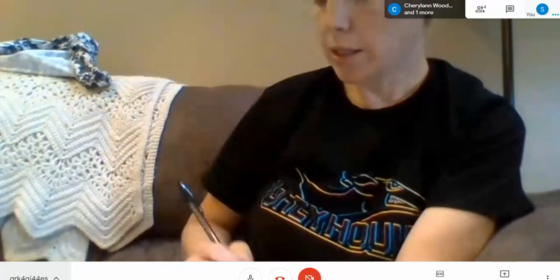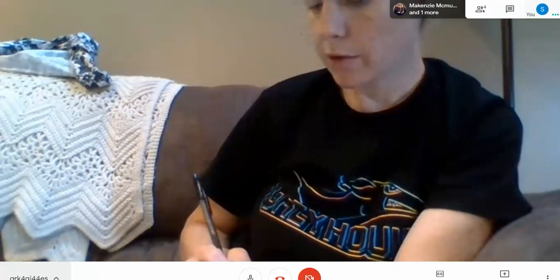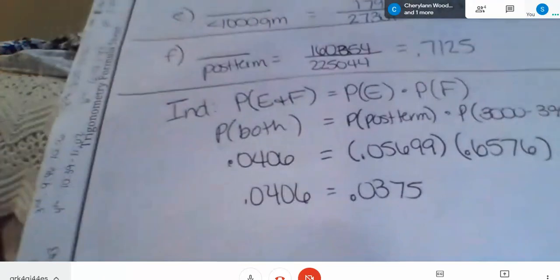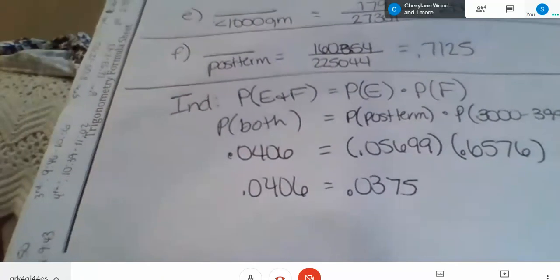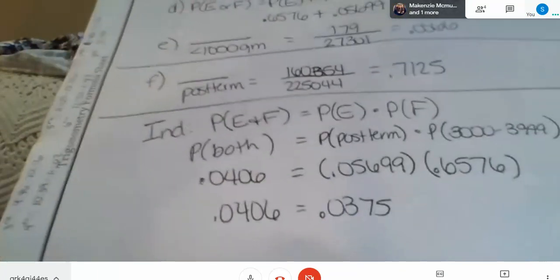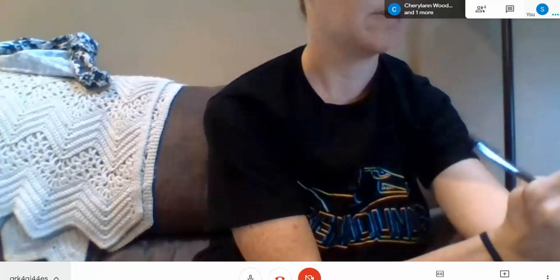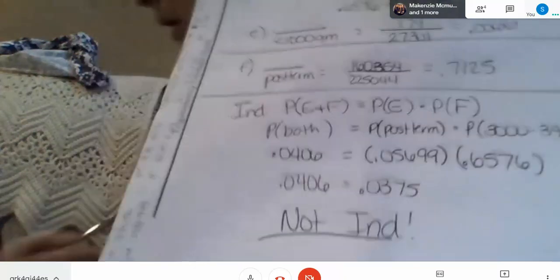If you multiply those things, you get 0.0375. So, are my two numbers equal? No. That means they are not independent because this equation didn't work. So that's our conclusion here, not independent.